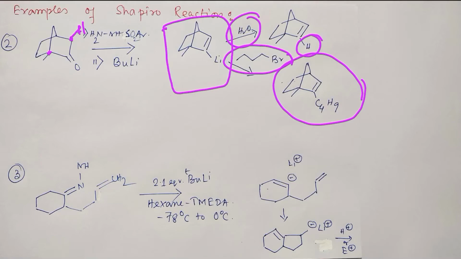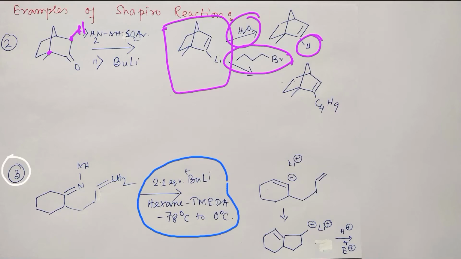But interestingly, this example number 3 is a little difficult. So what can we think, as usual, based on our concept, after 2.1 equivalents of butyl lithium, hexamethyldisilazide, see everything is given. Okay, so what will it result? It will first result in an alkene at the less substituted position.